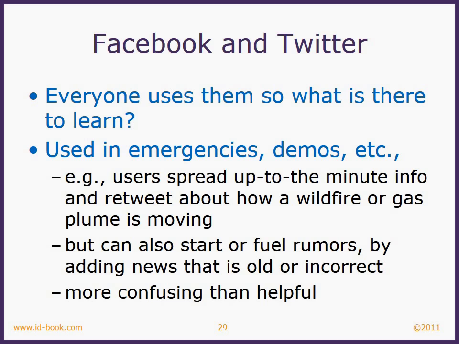Facebook and Twitter. However, the reliability of tweeted information can be a problem. For example, some people end up obsessively checking and posting, sometimes without realizing they can start or fuel rumors by adding news that is old or incorrect.